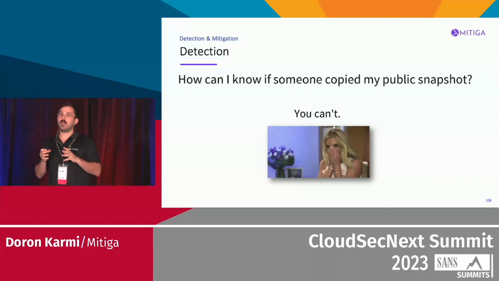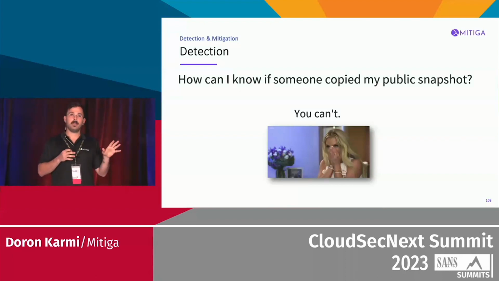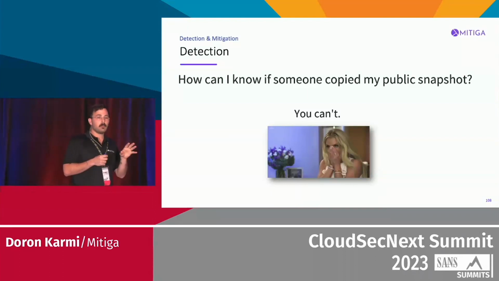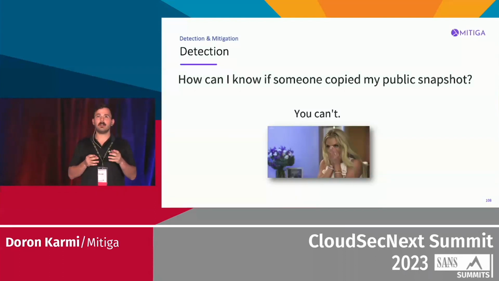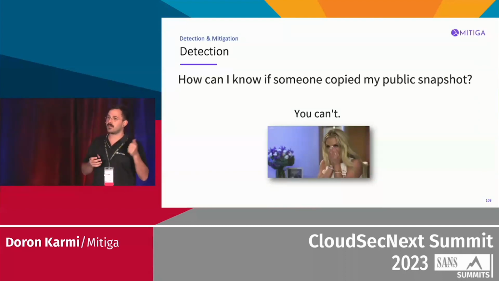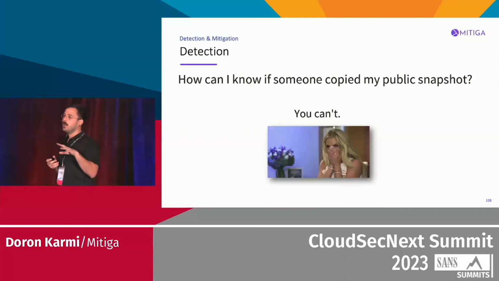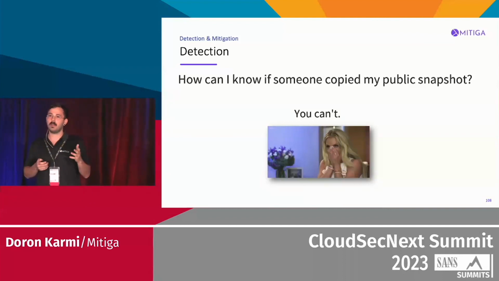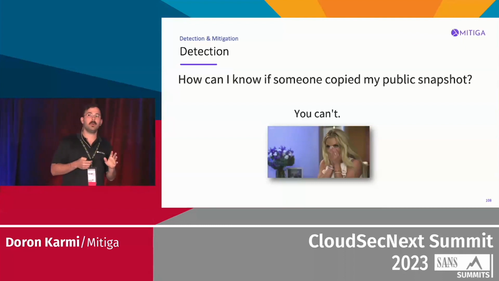If you take your snapshot and you publish it as public, make it available to all AWS accounts, from now on, this is your own resource, but as for AWS, this is not really your resource, because if someone else from an external account does anything to this snapshot, for example, copies the snapshot or creates an instance out of it, you won't be able to know.